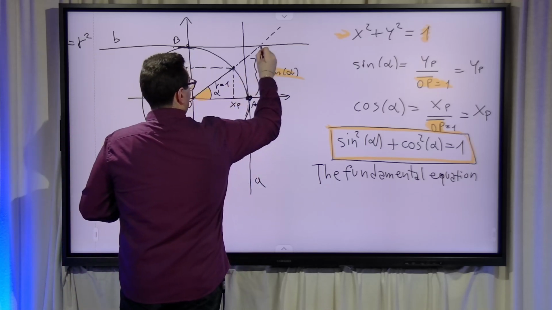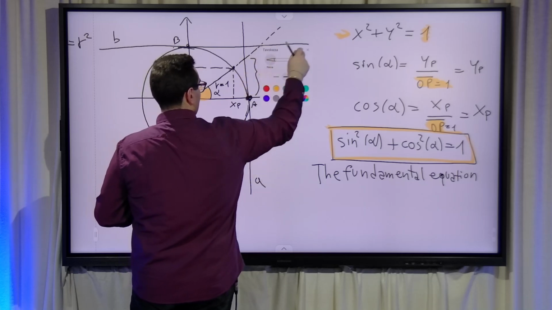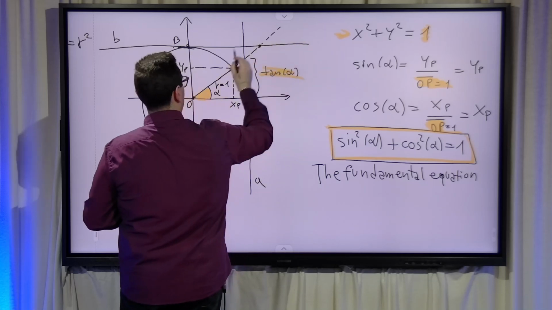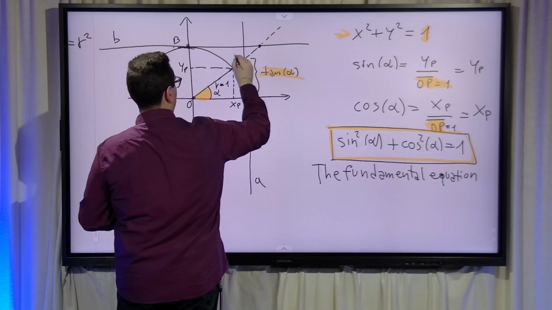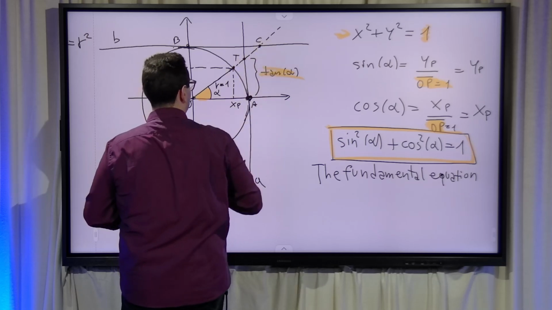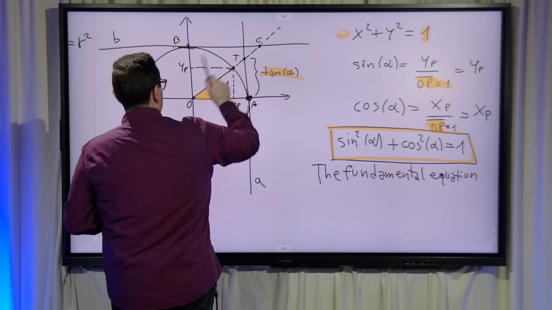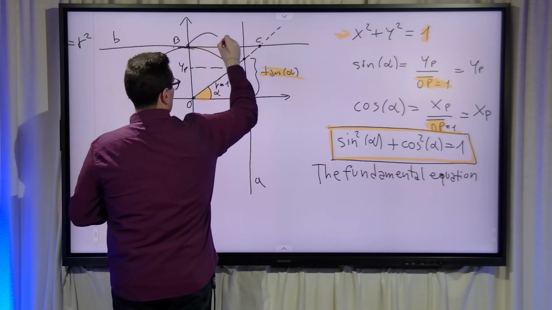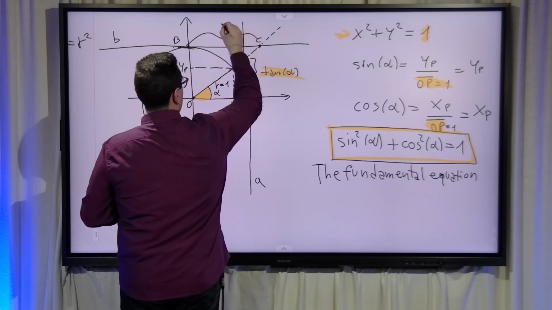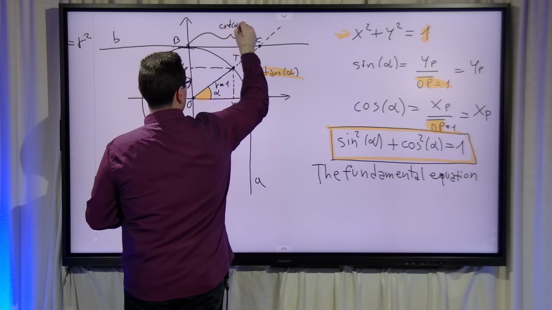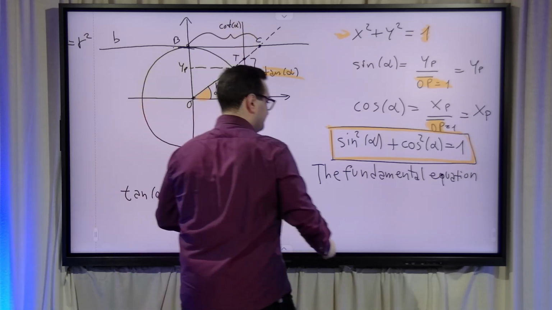If I consider the intersection with the other line, so I call this point T and this point C, the cotangent is this segment.